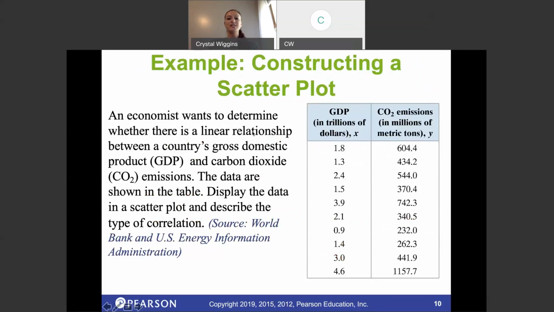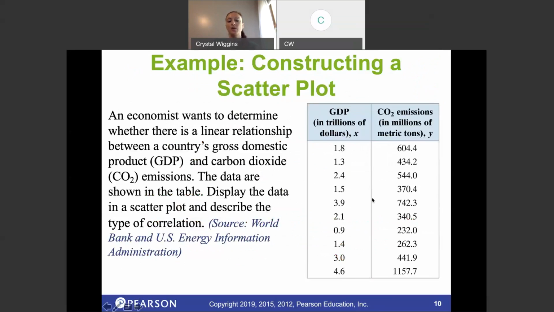So, constructing a scatter plot, an economist wants to determine whether there is a linear relationship between a country's gross domestic product, GDP, and carbon dioxide emissions. The data is shown on the table right here.